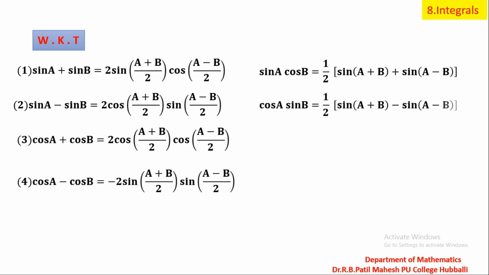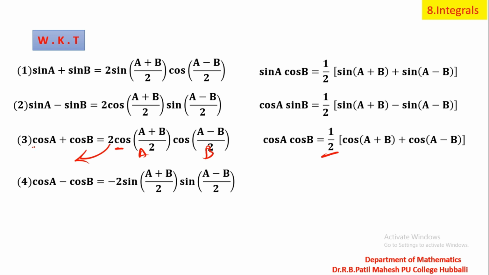Cos A cos B is equal to, look at the right hand part here, the formula number 3, cos A cos B is equal to, taking 2 to the left hand side, 1 by 2 cos of, in place of A plus B, in place of B, A minus B, so that the cos A cos B formula is 1 by 2 cos of (A plus B) plus cos of (A minus B).